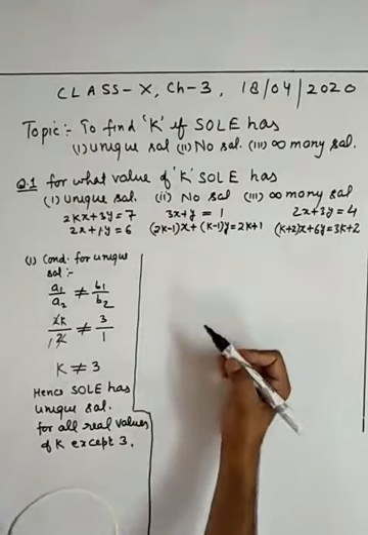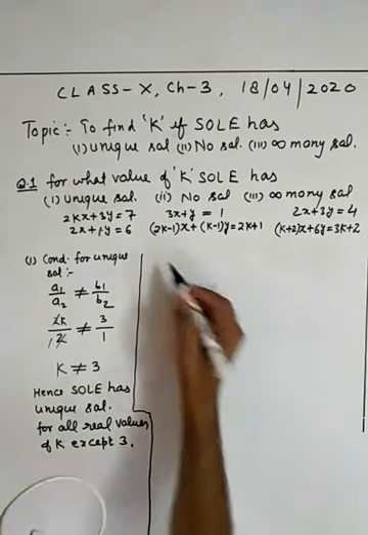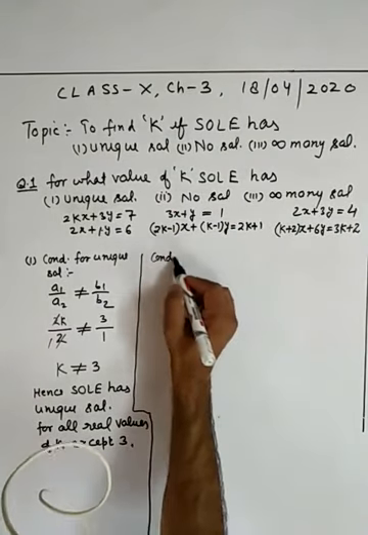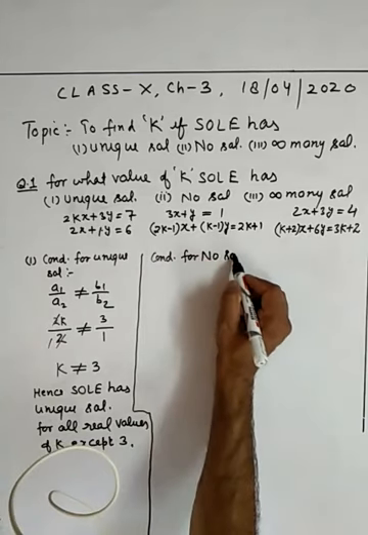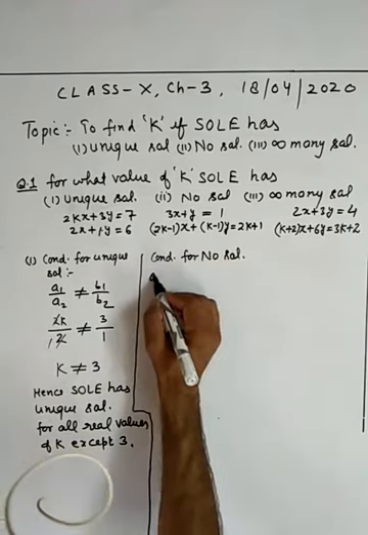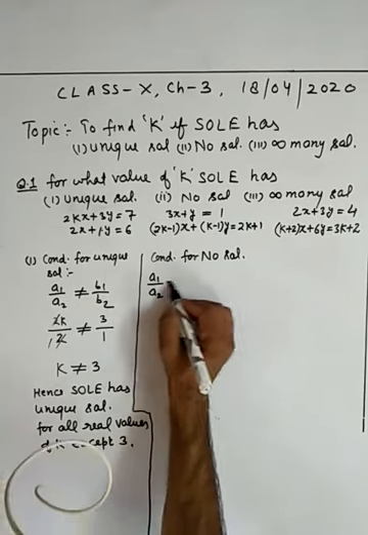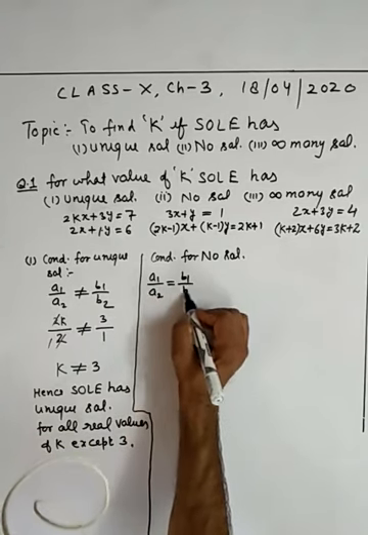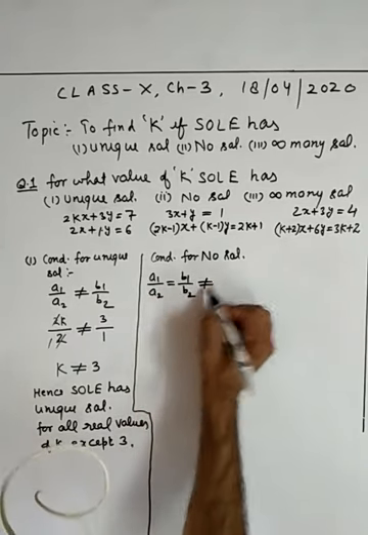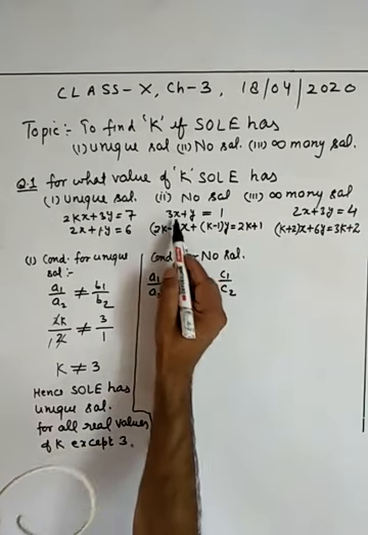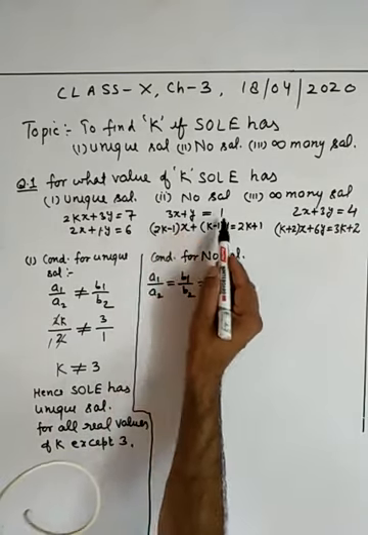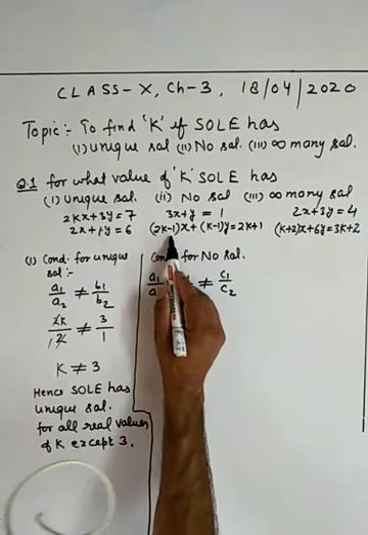Now in the second part, no solution. What is the condition for no solution? The condition for no solution is a1 upon a2 equal to b1 upon b2 but not equal to c1 upon c2. Put the values. a1 is 3, b1 is 1, c1 is 1, a2 is 2k minus 1.